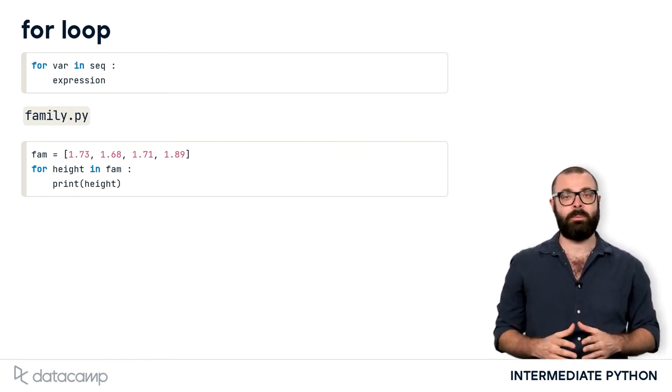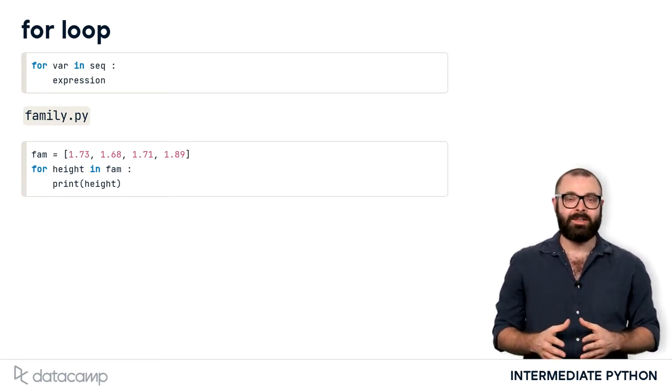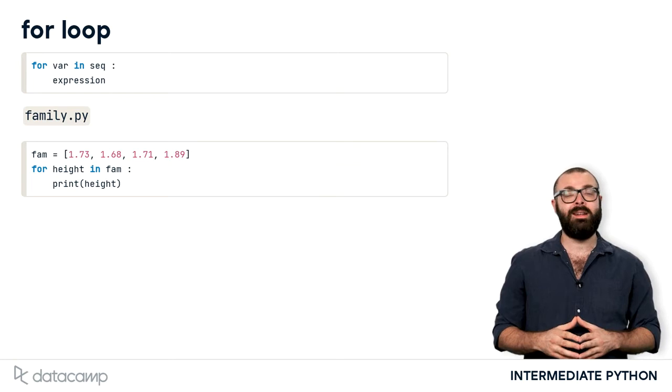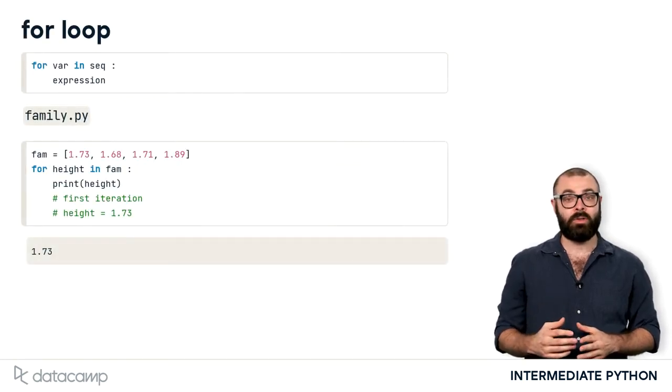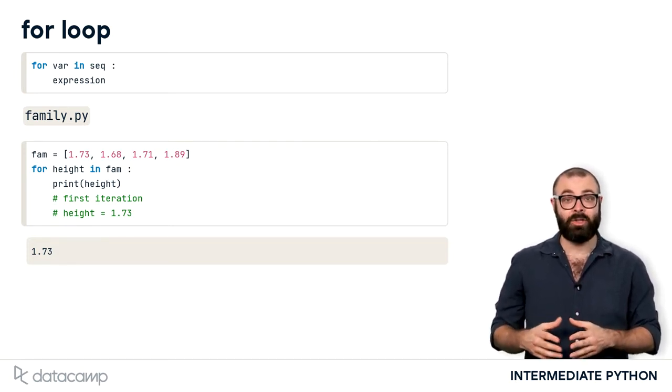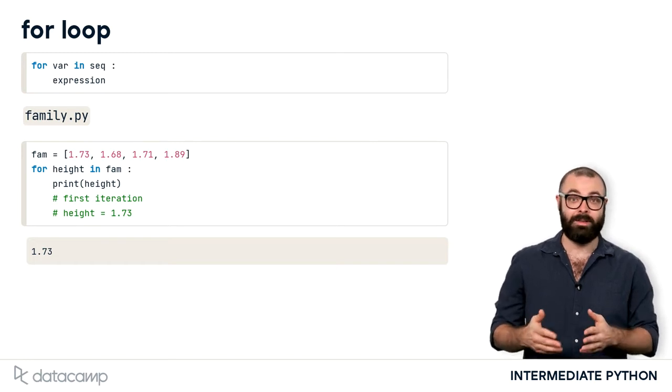When you run this script, Python encounters the for loop and evaluates the seq element, fam in this case. It sees that it's a list containing 4 elements. Then the actual iteration starts. In the first run, Python stores the first element, so the float 1.73, in the variable height. Next, the expression print(height) is executed, printing out 1.73.